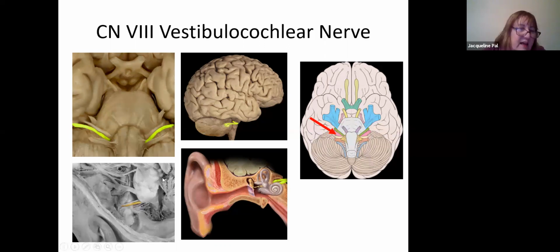And then it kind of makes sense if it's coming from the inner ear and the temporal bone that this sensory nerve would be passing through the internal acoustic meatus as well. So it gives the senses not only of hearing, but also all of our types of equilibrium, which you'll learn more about in lecture.